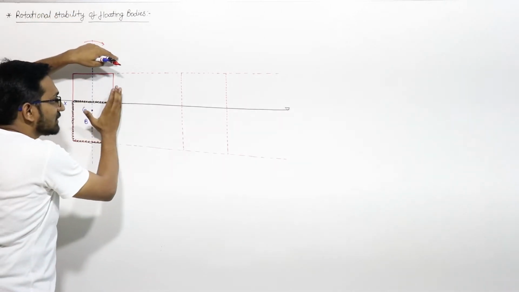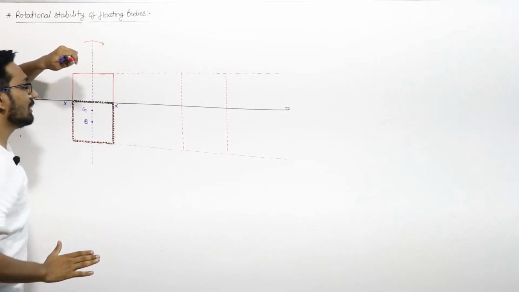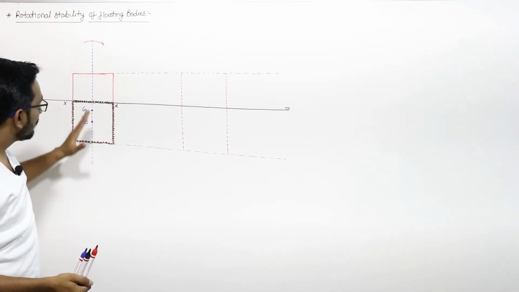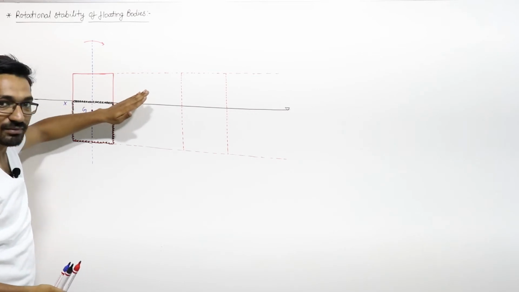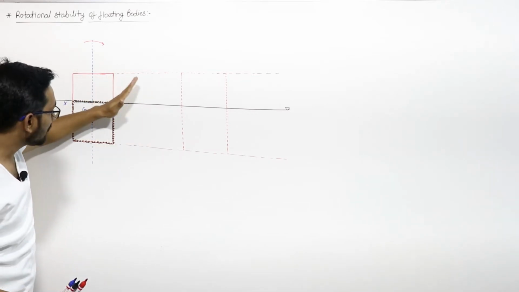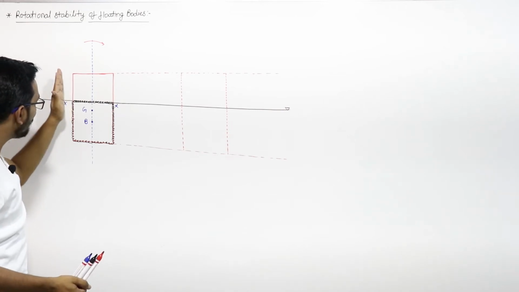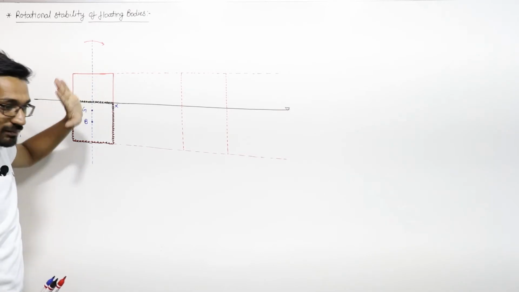If you tilt this in this direction, you will better understand. This part of the body will come inside the fluid, and some part of this line will come above the fluid, right?